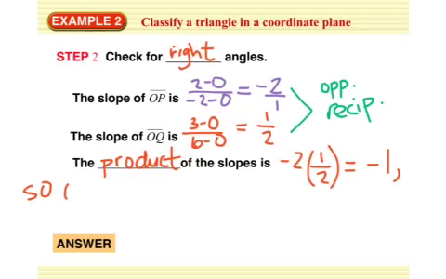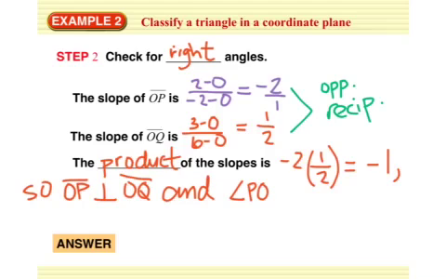So we know that OP, that side of the triangle, is perpendicular to OQ, the other side of the triangle. Therefore, angle POQ must be a right angle.